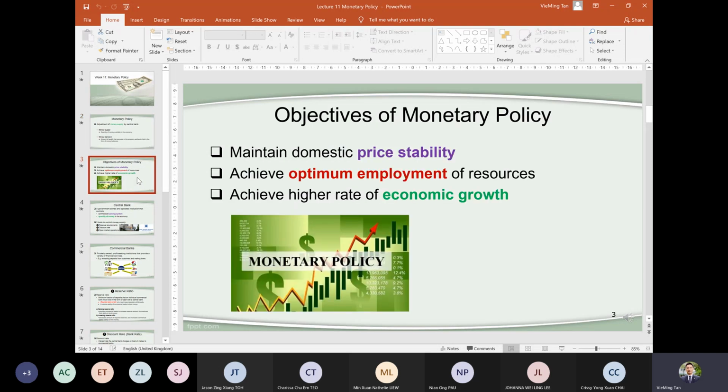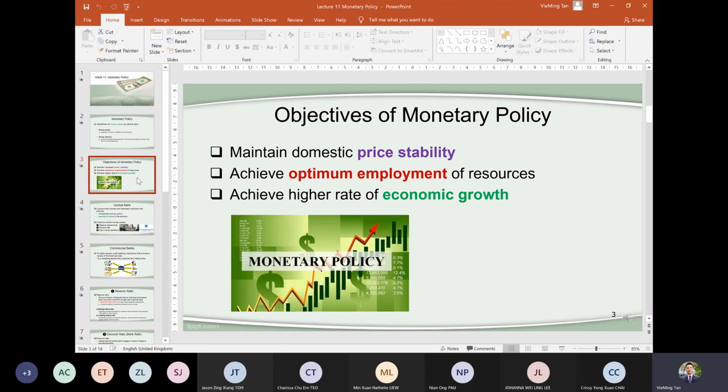Actually, monetary policy can be used to solve the three major macroeconomics issues. It is one of the policies that can be used by government to address the three major macroeconomics issues.